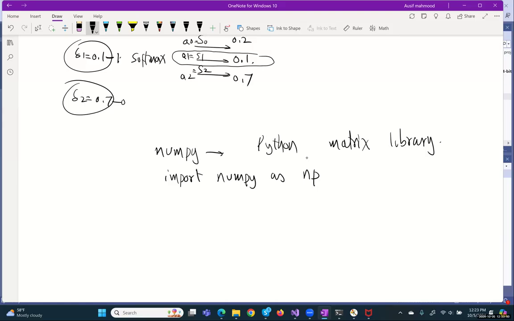Now you can create some two-dimensional matrices as an example. Suppose you created M1 equal to np.random. Random is one of the classes, right? And then we indicate the dimensionality.